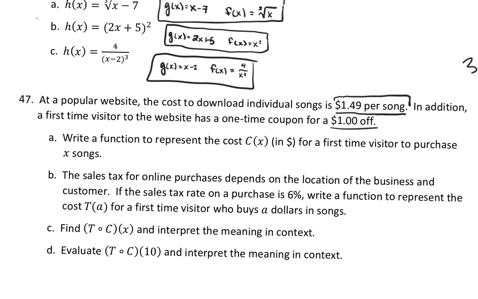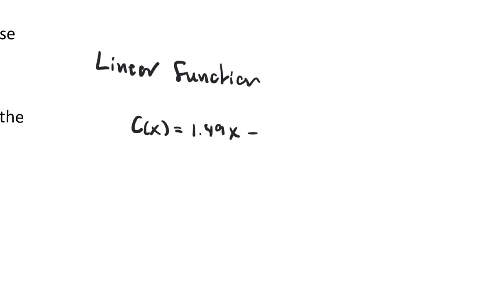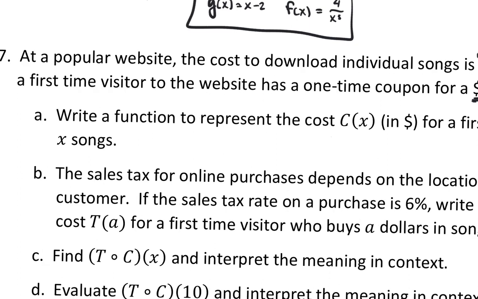And first-time visitors get $1 off. So I'm going to say minus 1, just because each song costs $1.49, and then the first-time visitor gets $1 off their whole order. So here, C of x equals 1.49x minus 1.